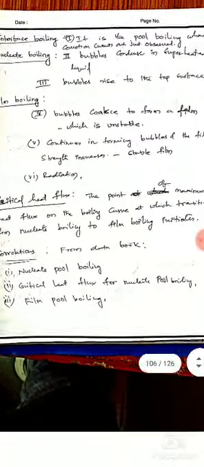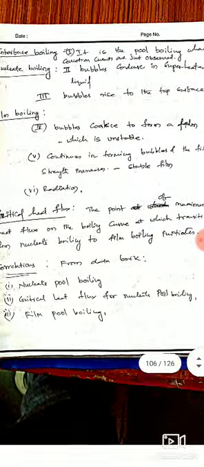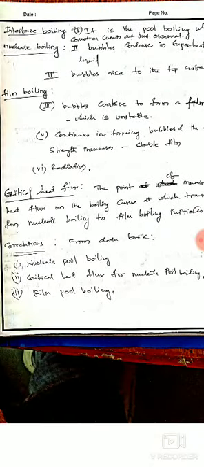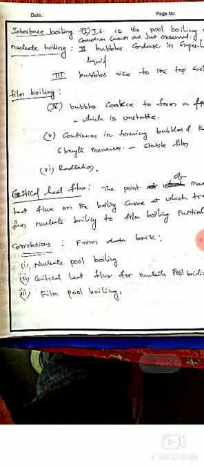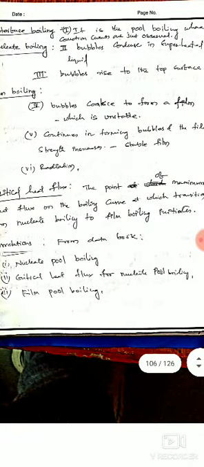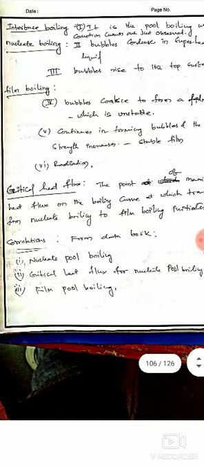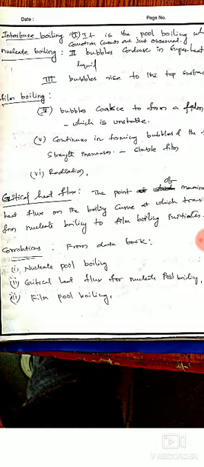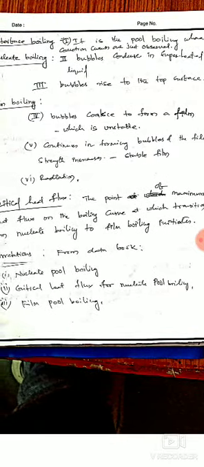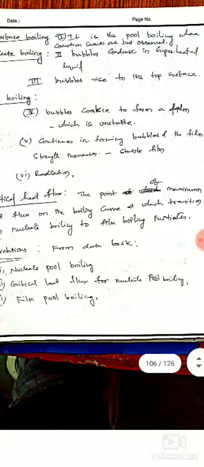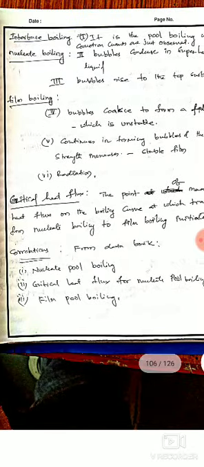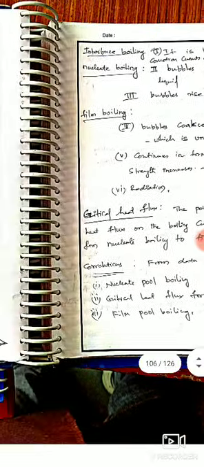And we have seen what is a critical heat flux. Just a small definition: the point of maximum heat flux on the boiling curve at which transition from nucleate boiling to film boiling initiates. Whatever heat transfer is taking place to the liquid at that point is known as critical heat flux.